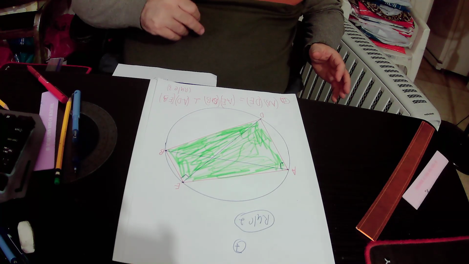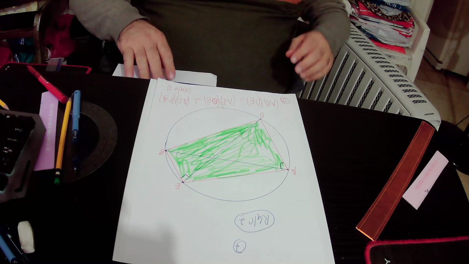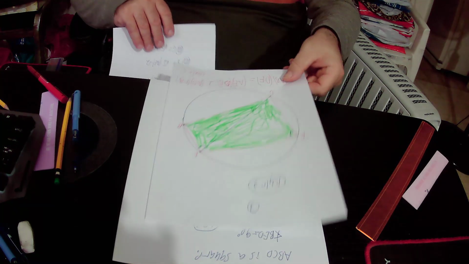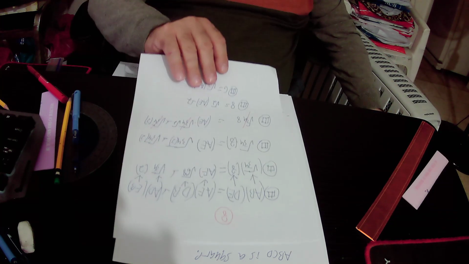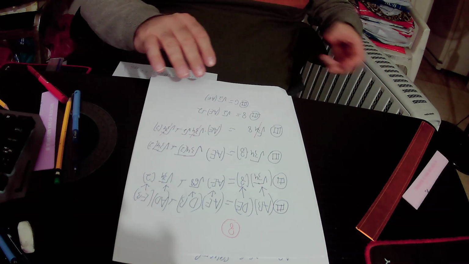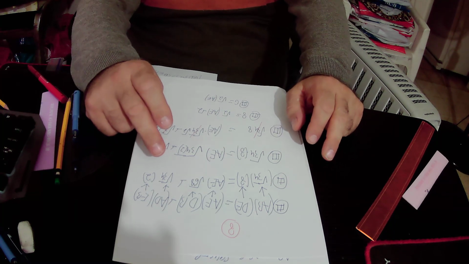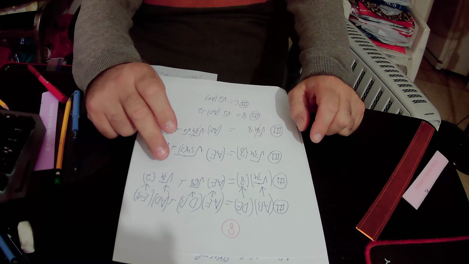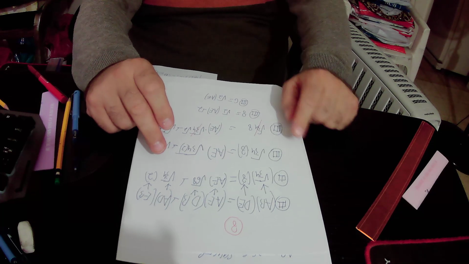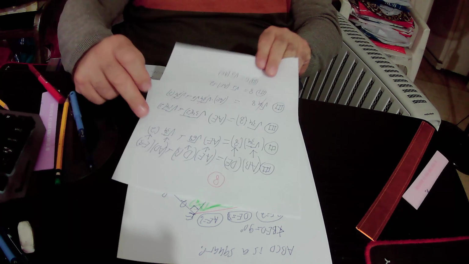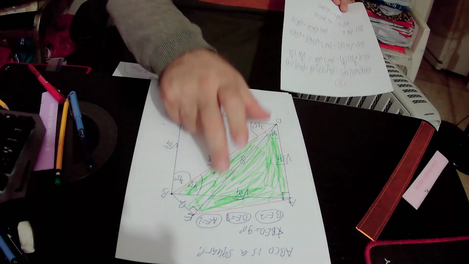Okay, then I copy equation number 3 again, and we put the data inside it. We know all the variables inside this equation. The only missing variable is AE, the missing line segment that we want to find out. We know that AB equals square root of 34. We know that DE equals 8 units.